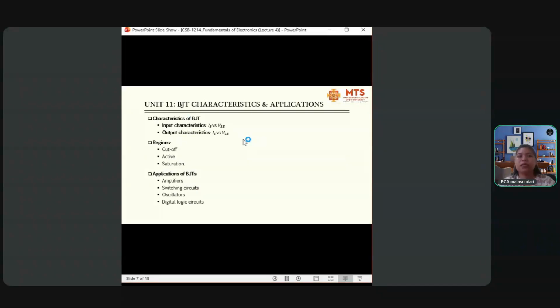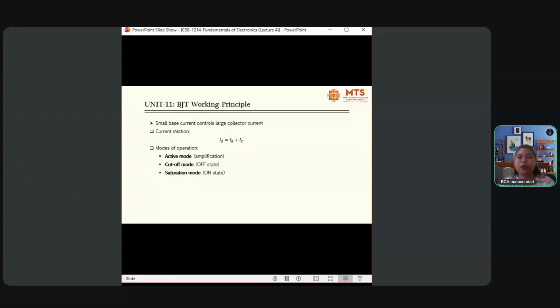Moving forward, let us know about the BJT characteristics and applications. What are the characteristics of BJT? The input characteristic is IB versus VBE. The output characteristic is IC, that is collector current, versus VCE. These are the formulations of the input and output characteristics of BJT. The regions are cutoff, active and saturation, which we discussed earlier as the modes of operation.